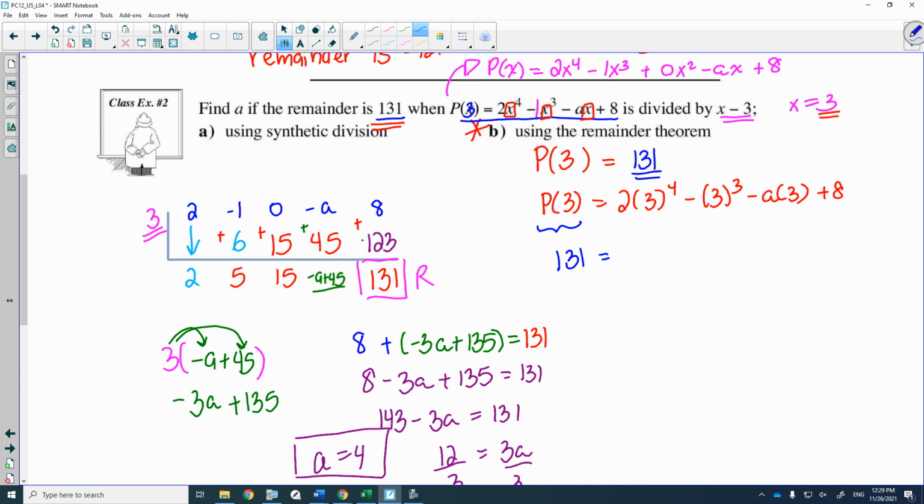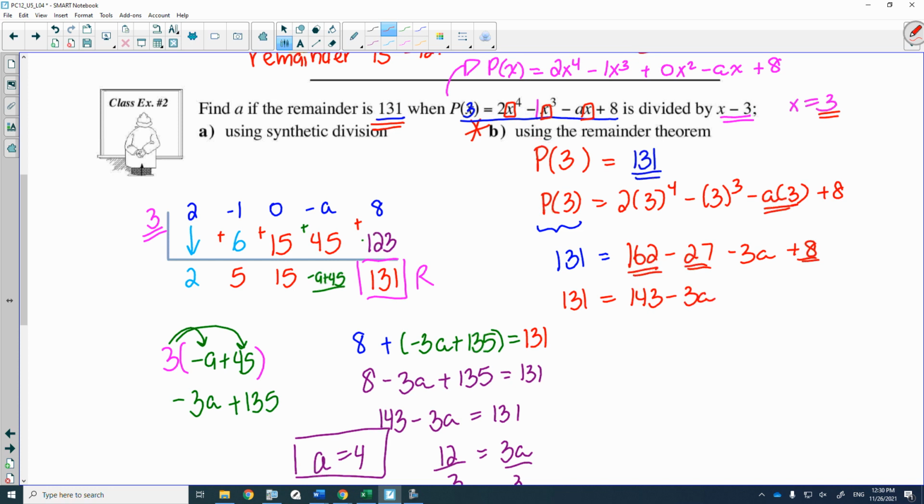That would be equal to 162 minus 27. I'm just going to rewrite this. Negative a times 3 is the same thing as negative 3a, and then plus 8. That would give us 131 is equal to, if I combine my three constants here, I'm going to get 143 minus 3a.